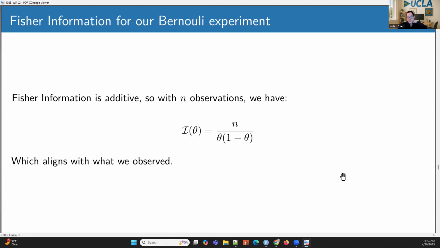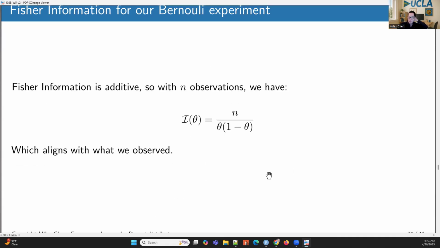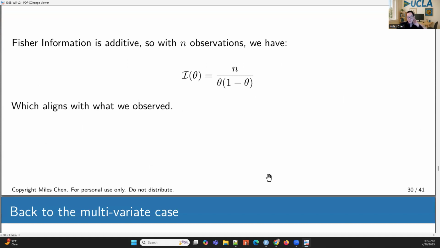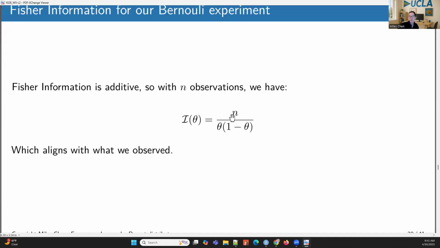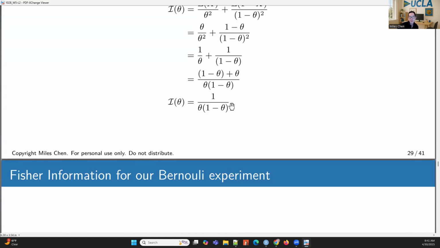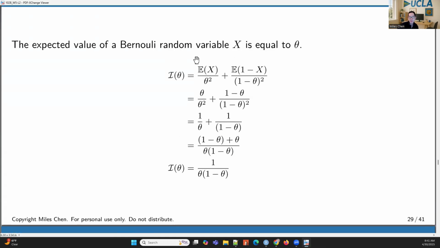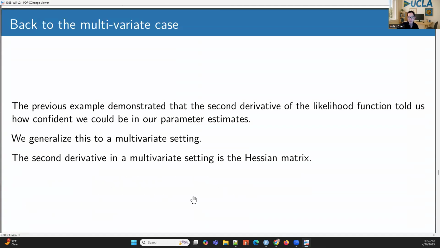So this all aligns with what we've seen. That reflects our understanding of how the second derivative reflects the curvature, and it's all encapsulated with the Fisher information.